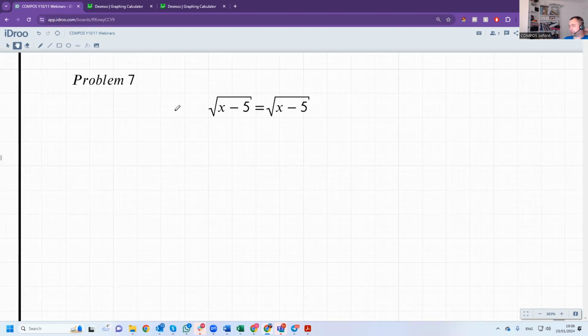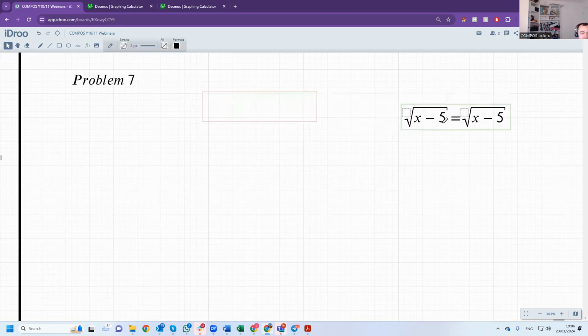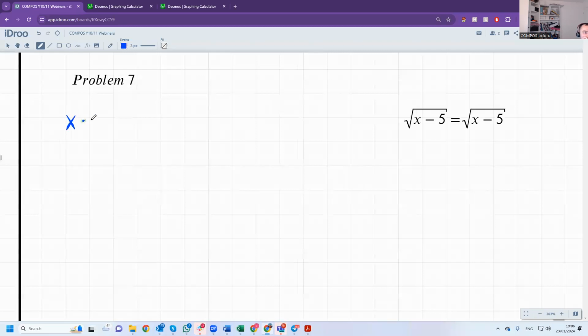It's a very unusual one. Do we want to start with something simpler? What about x minus 5 equals x minus 5? What is the solution?